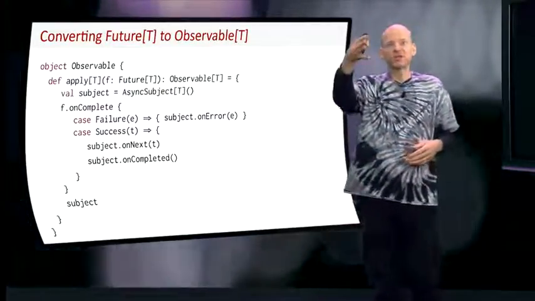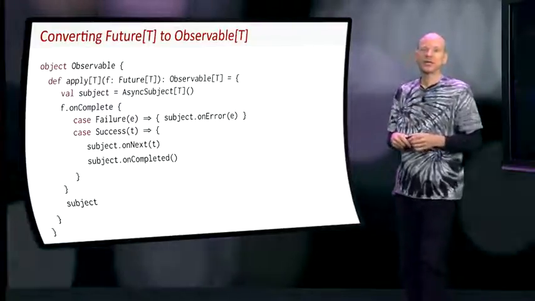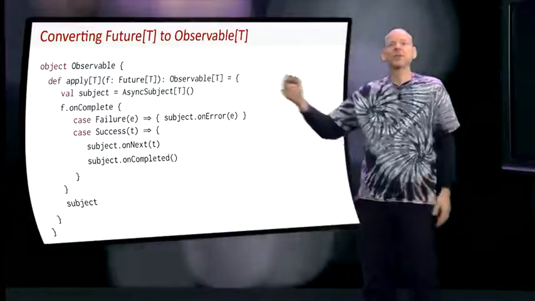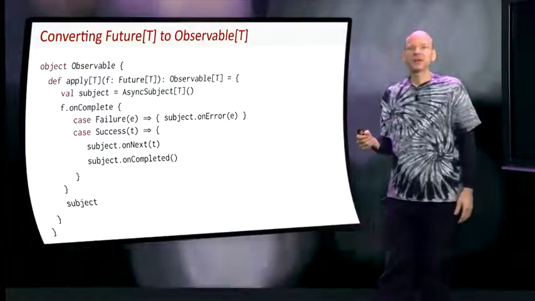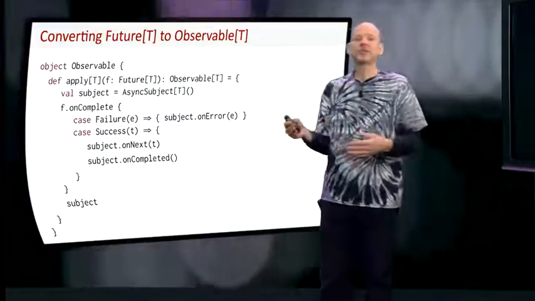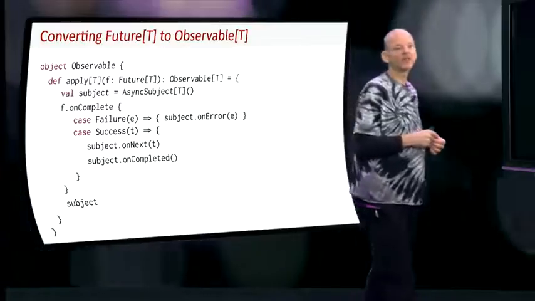So here's the code. We're using the apply constructor on Observable, overloading it with a future, and we get back an observable. In this case, we want to remember the last value of our stream.